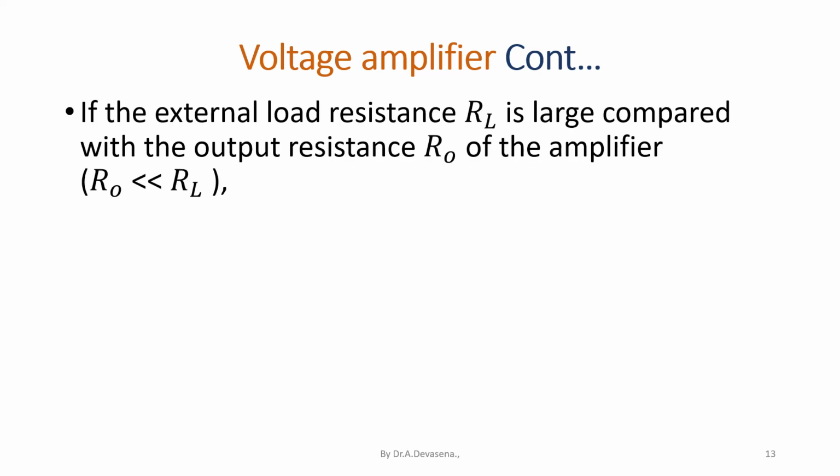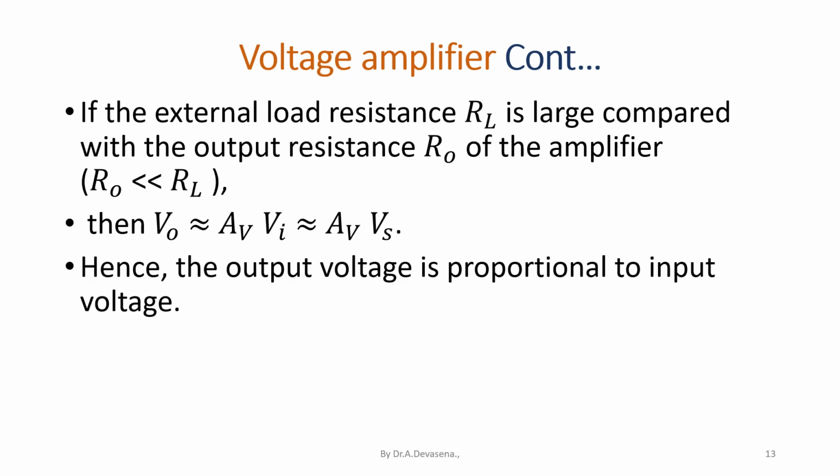If the external load resistance RL is large compared with the output resistance R0 of the amplifier, that is, the output resistance is very small when compared to the load resistance, then the output voltage is approximately equal to AV into Vi, that is approximately AV into Vs. Hence, the output voltage is proportional to the input voltage.